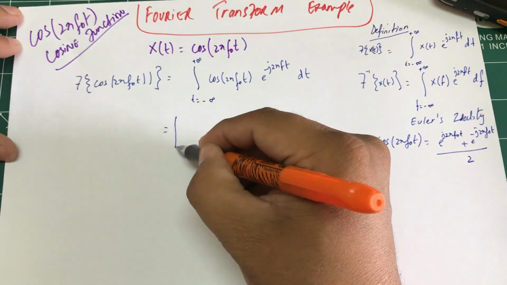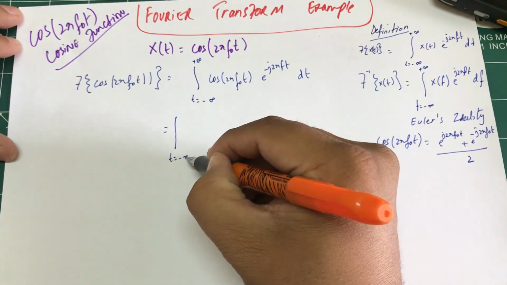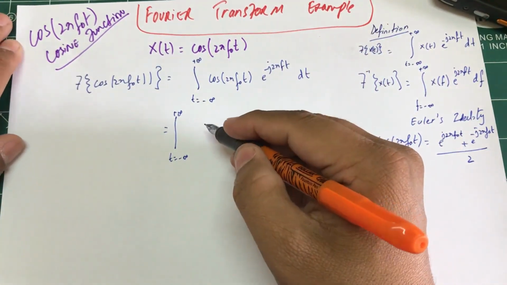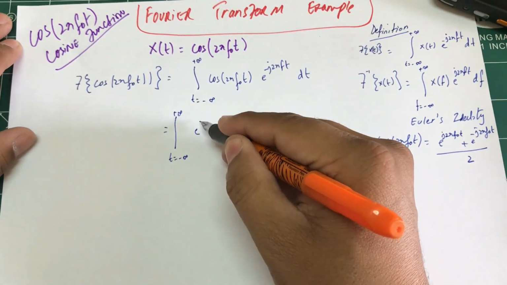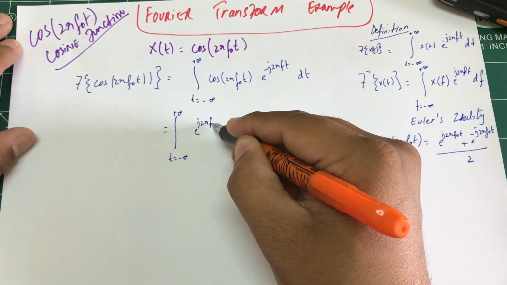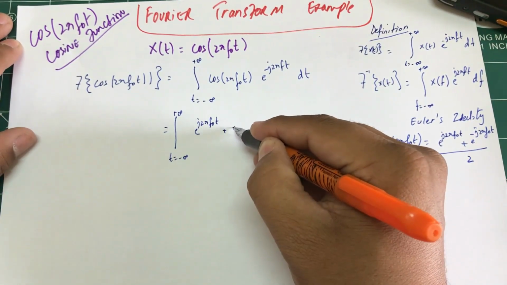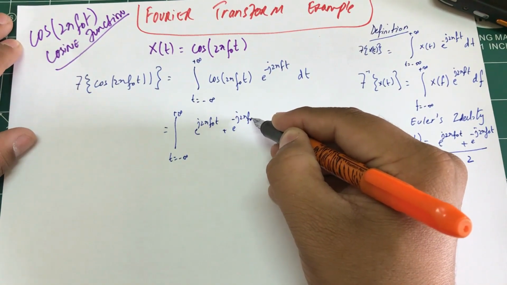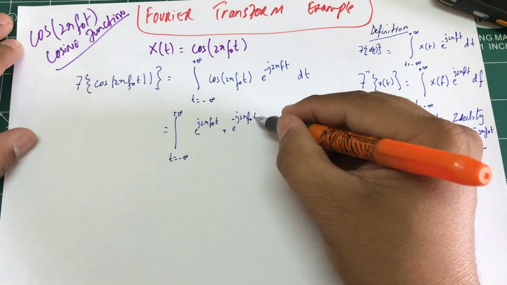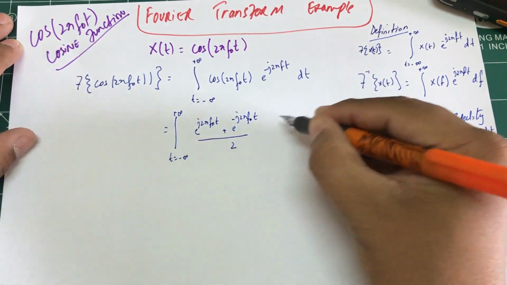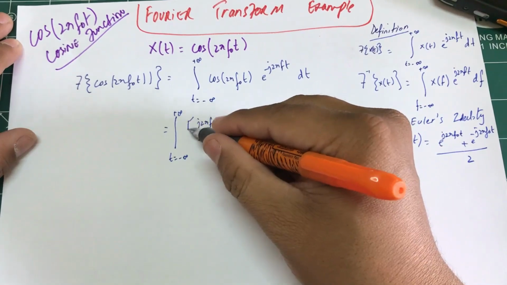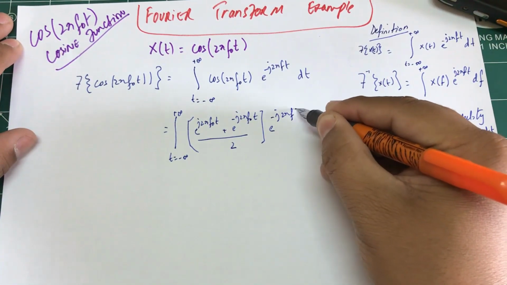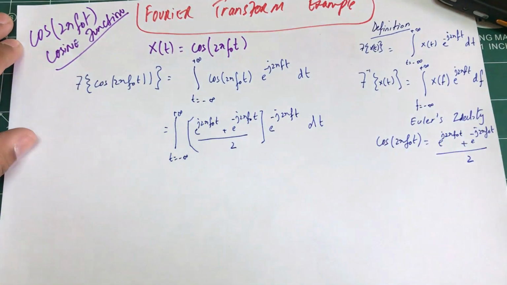So this would become the integral as t goes from negative infinity to positive infinity, and in place of cos, this is going to be e to the j 2 pi f naught t plus e to the negative j 2 pi f naught t, divided by 2, the whole thing multiplied by e to the negative j 2 pi ft dt.